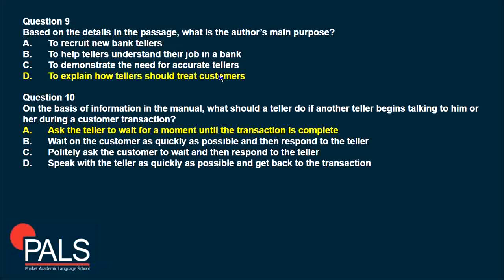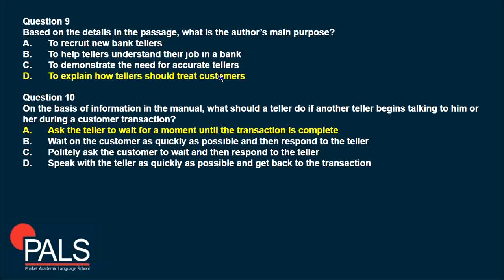All right, number 10. I showed you the clue a while back, so I'm pretty sure you were able to answer this correctly. On the basis of the information, what should a teller do if another teller begins talking to him or her during a customer transaction?